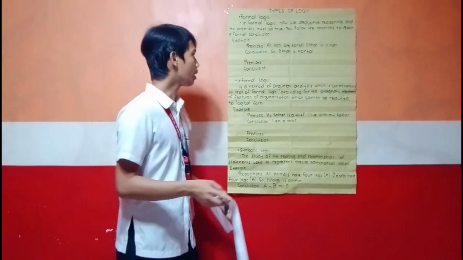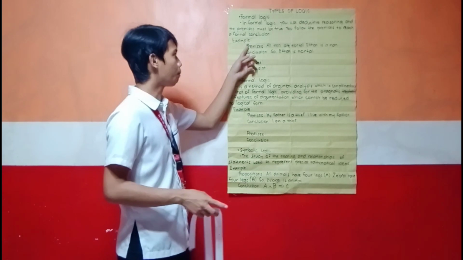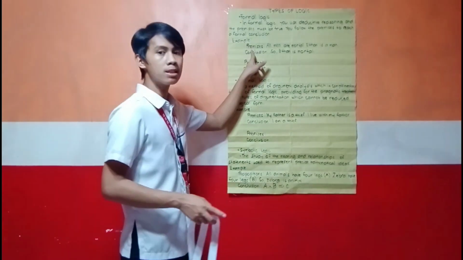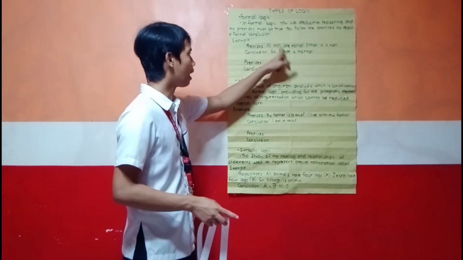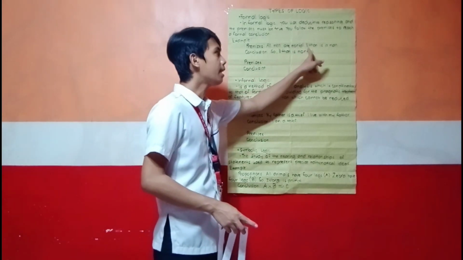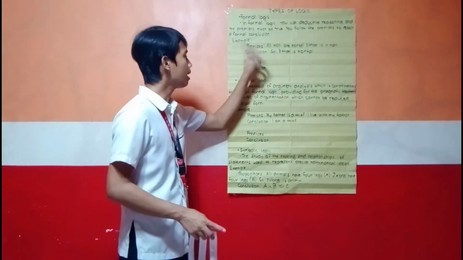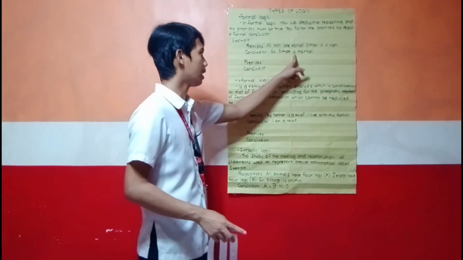So, we are going to have an example. Our premises: all men are mortal, then Ethan is a man. Our conclusion would be, so, Ethan is mortal.